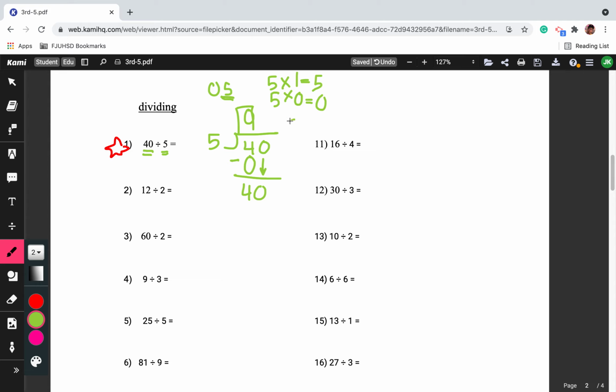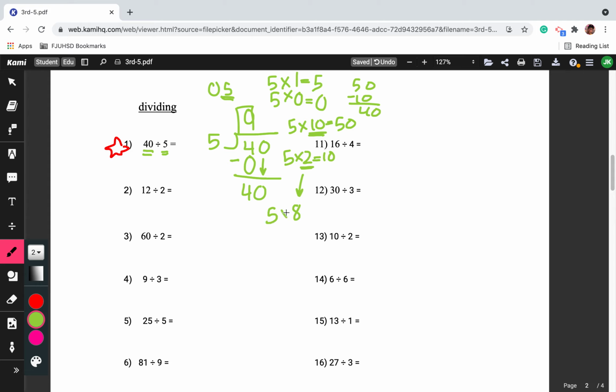So let's think. If 5 times 10 is 50, and 5 times 2 is 10, 50 minus 10 is 40, right? So if we subtract 10 and 2, that's going to equal 8.